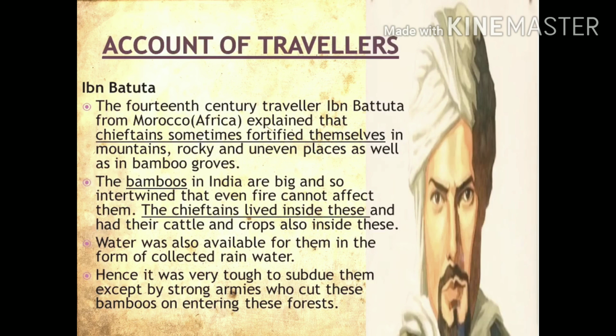So these chieftains lived inside those bamboo groves, kept their cattle there, crops too, water was also there, and they even used to collect rainwater over there. So only big and strong armies who could cut these bamboos after entering these forests could attack these chieftains.